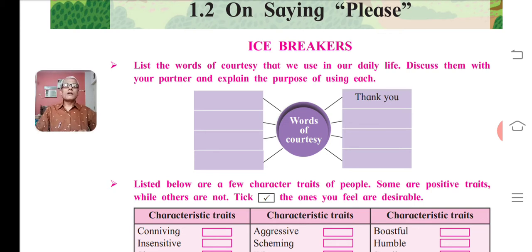You can also mention other words like you are welcome. Its purpose is when someone thanks us for something. Then other words of courtesy, excuse me. The purpose of these words is when we want someone to allow us to pass by.